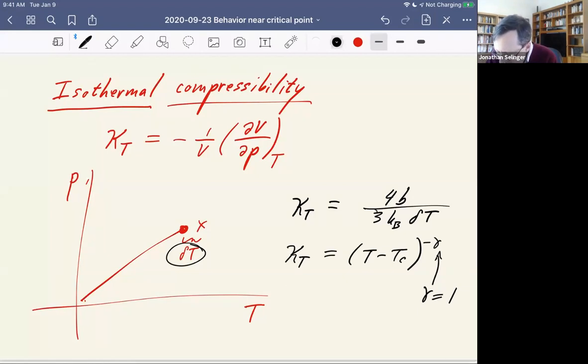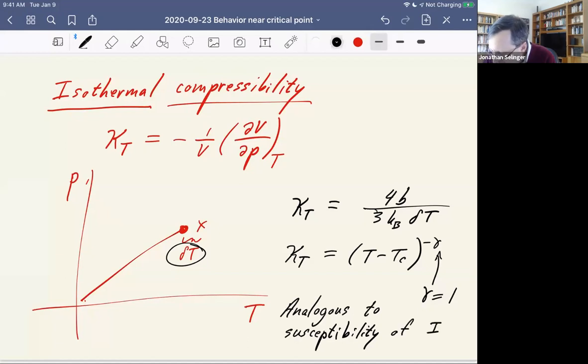It also has an analog in the Ising model for magnetism. It is analogous to the susceptibility of the Ising magnet, and it has the same exponent, right? There was a gamma equals 1 that we derived for the Ising magnet.